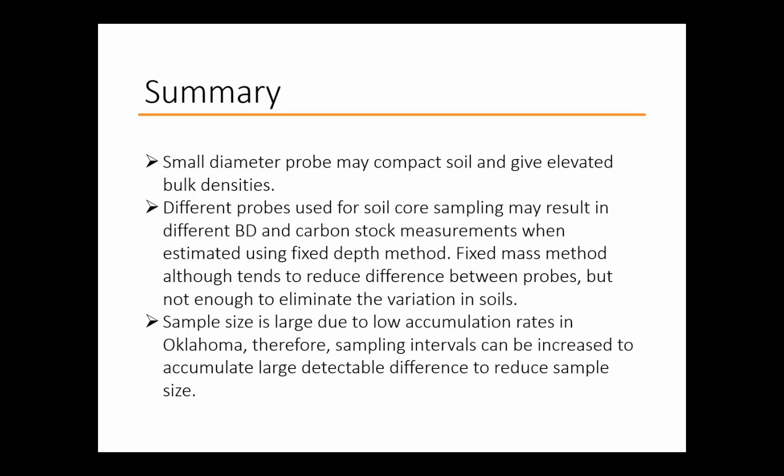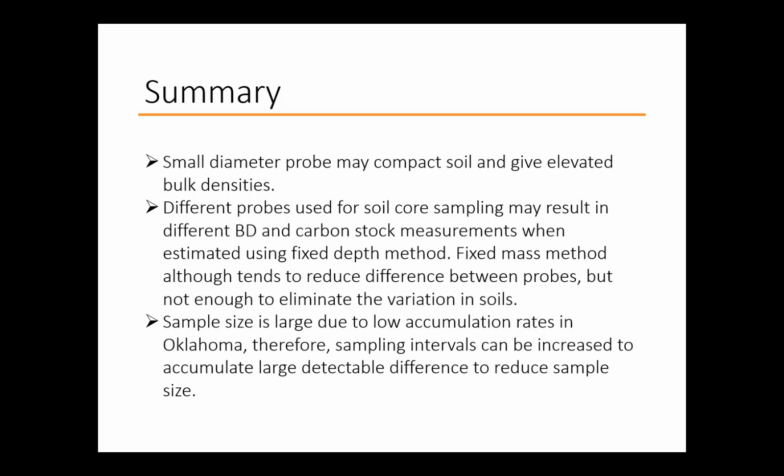But fixed mass can reduce the estimate, but not enough to eliminate variation within the field, and it may not be enough to reduce the sample size required to detect any accumulation.